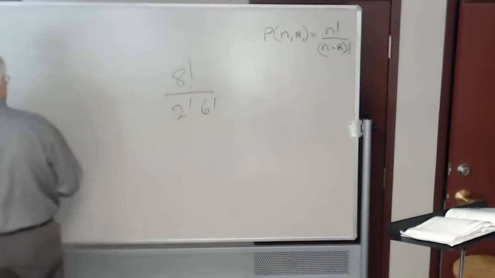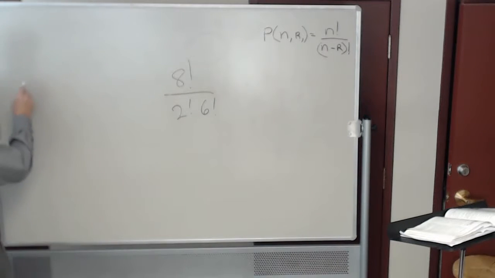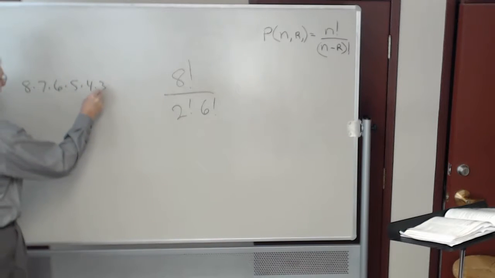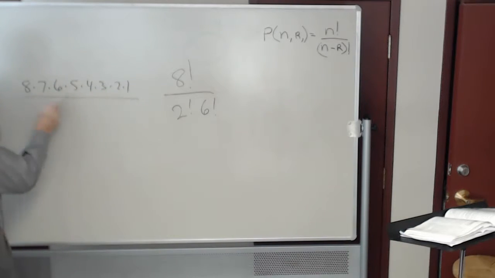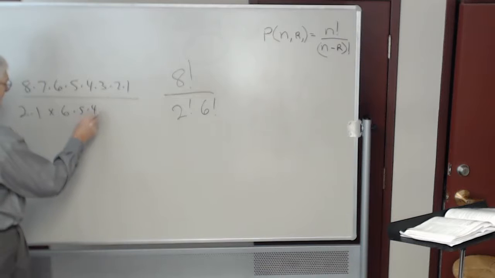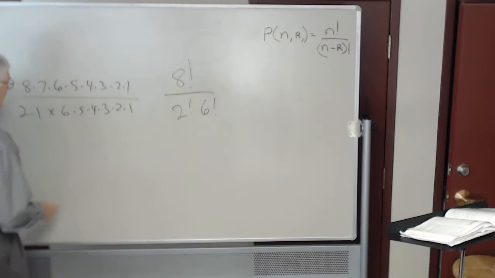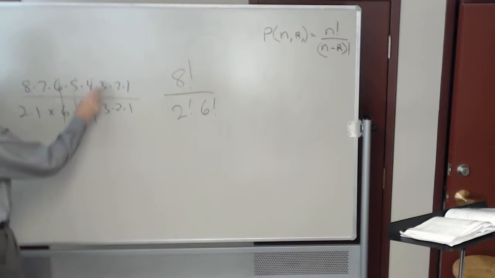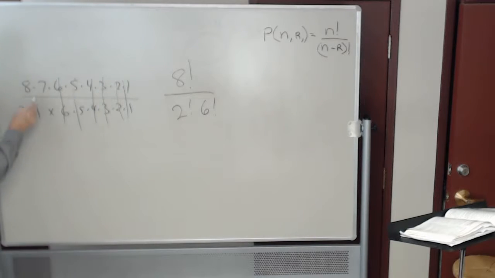But watch what I'm going to do, since I don't have that capacity on mine. 8 times 7 times 6 times 5 times 4 times 3 times 2 times 1 divided by 2 times 1 times 6 times 5 times 4 times 3 times 2 times 1. So all this cancels. And I'm left with 8 times 7 divided by 2, or 28. Everybody see that?